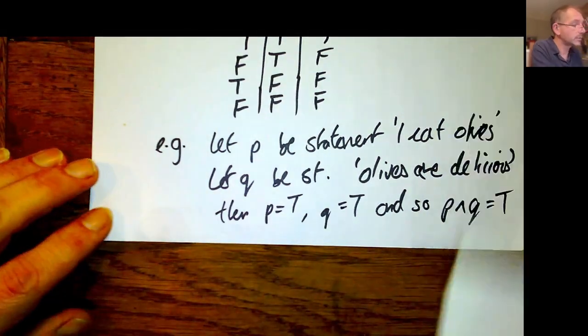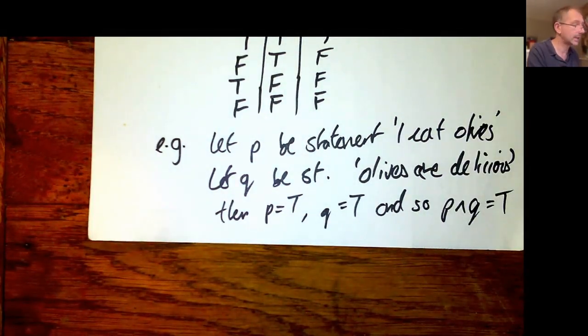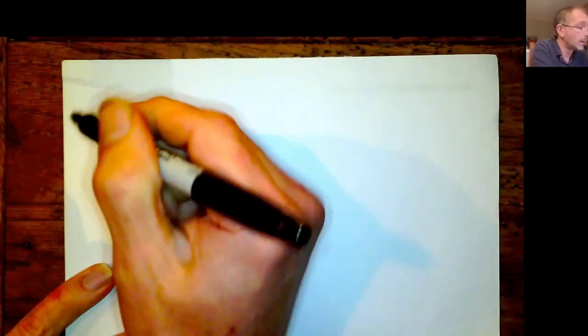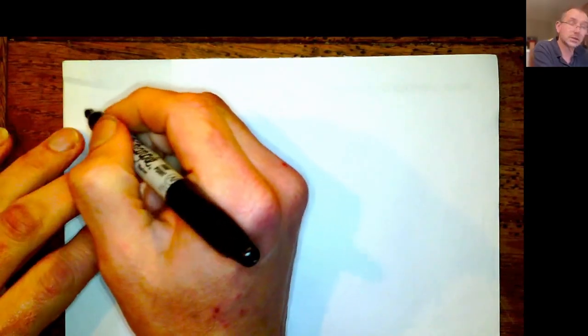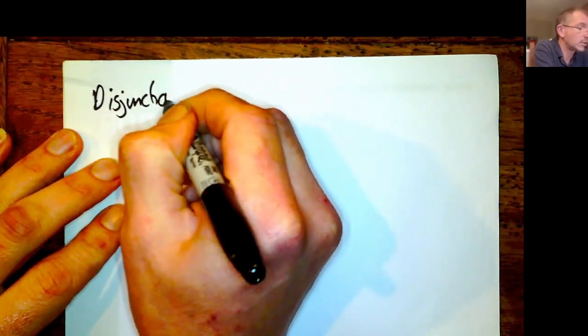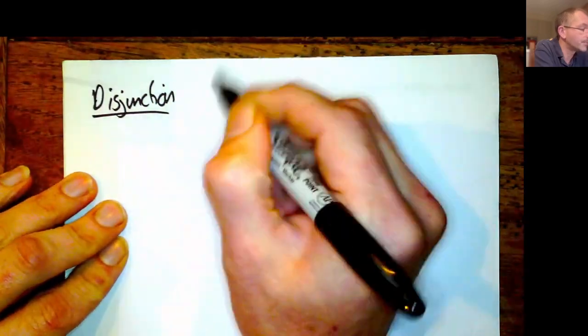Okay, so conjunction corresponds to taking the intersection of sets and has a corresponding notation that looks like intersection. So there must be something that looks like union, and that is called disjunction, and it corresponds to the word or.